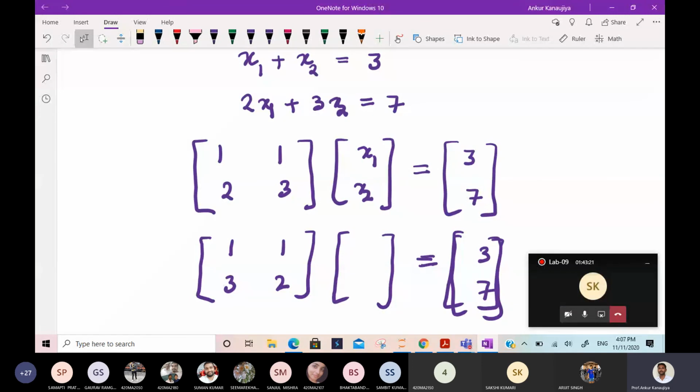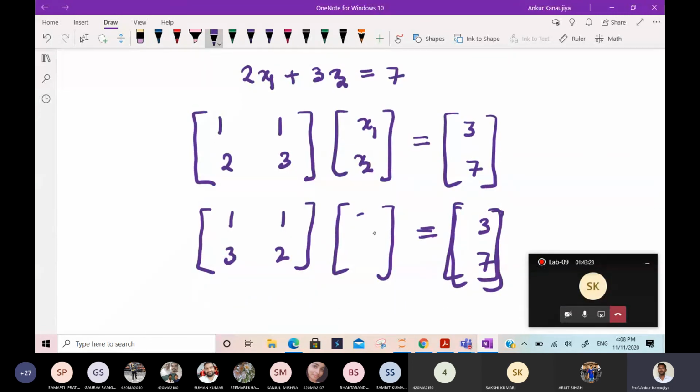So when you interchange the columns, you have interchanged the variables also. If you interchange column 1 with column 5, you have to interchange x1 with x5.